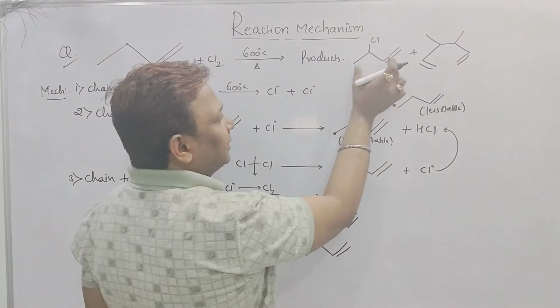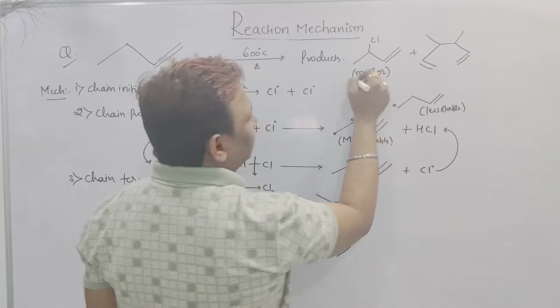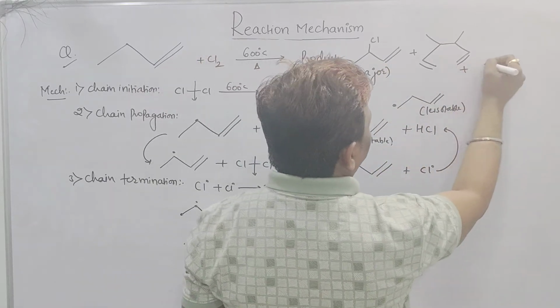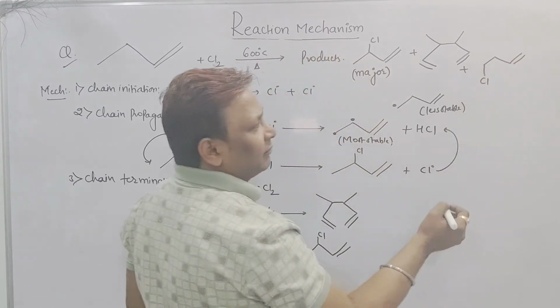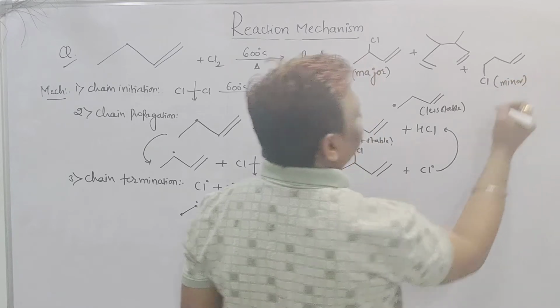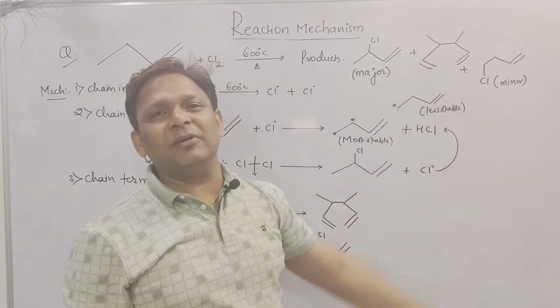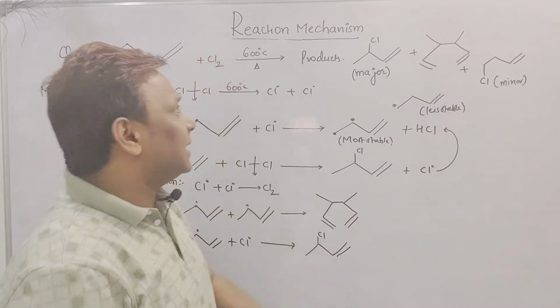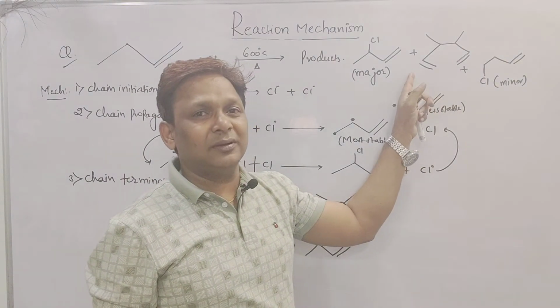From the most stable free radical, I got this compound. Sir, we can say this compound is the major product. And one more possibility is there, but I don't know because in the book they never give it. But here one more Cl will form here, and we can say, sir, this is the minor product, and this one is a byproduct. Because in the exam they ask, beta, how many products are there: product 1, product 2 and a third one, right?